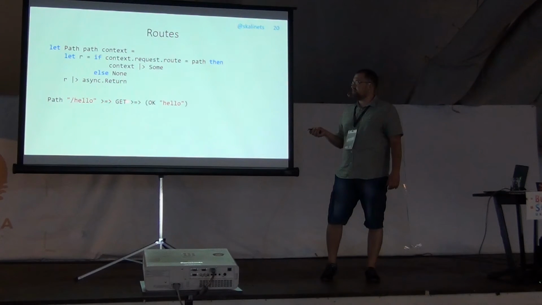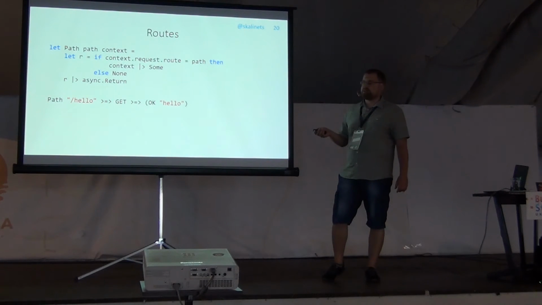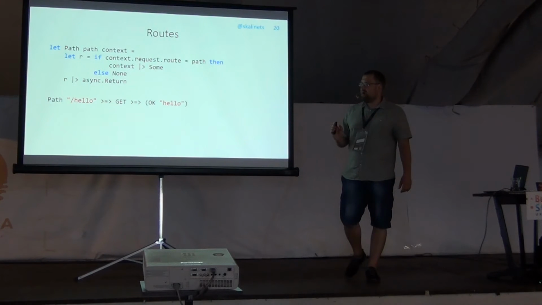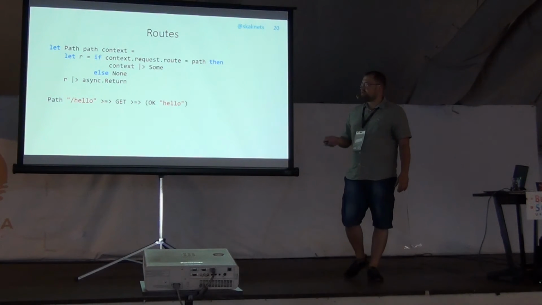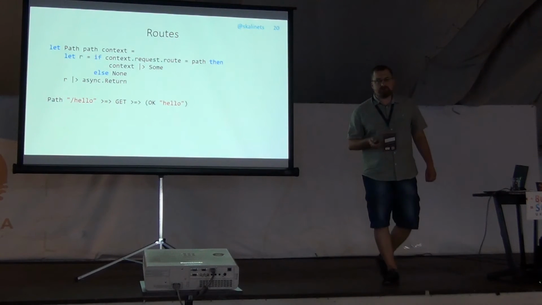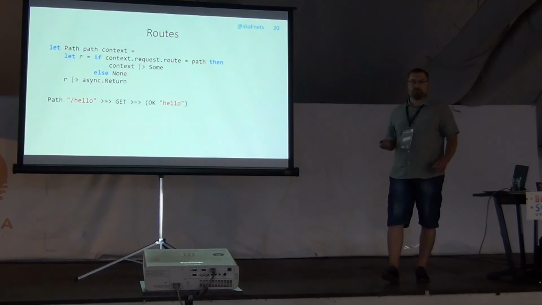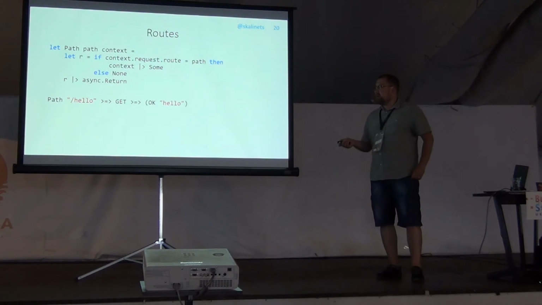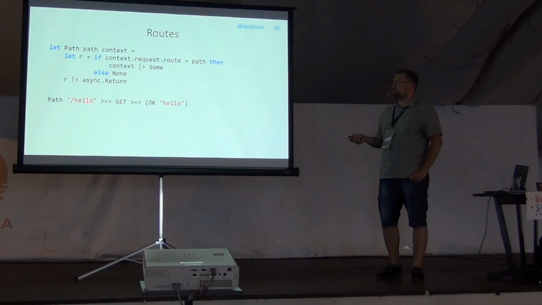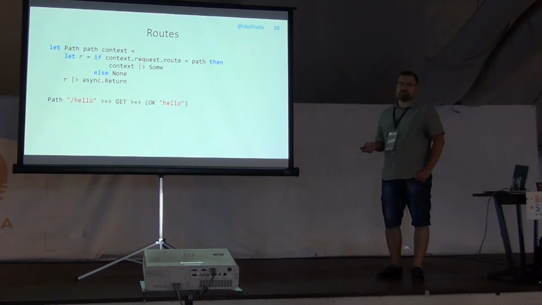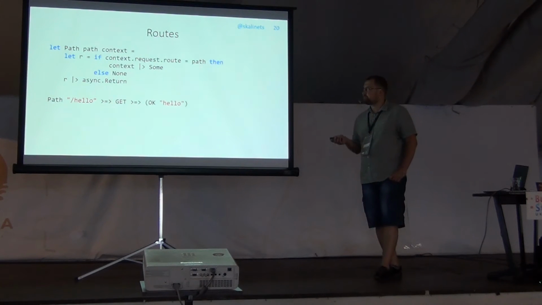And we are using it in the same way. And also we can notice that we can combine several web parts in a single one. So each of these 3 points is a web part, and the result is also a web part. So this is how functions can be combined. And in this case, we can read this as: GET to hello endpoint should return OK with content hello.